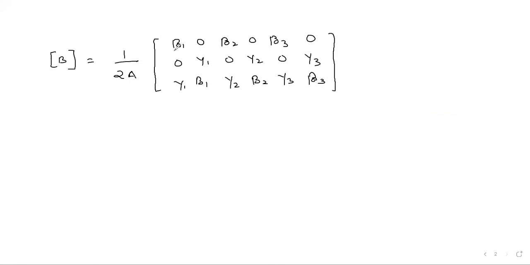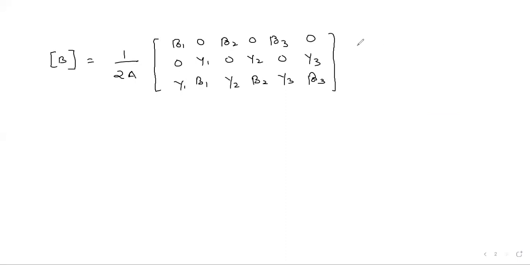So we need to find this beta 1, beta 2, beta 3 value, gamma 1, gamma 2, gamma 3 value. So if we will find these 6 values, we are going to get this B matrix, because we have A also, right? So let us find this beta 1, beta 2, beta 3.